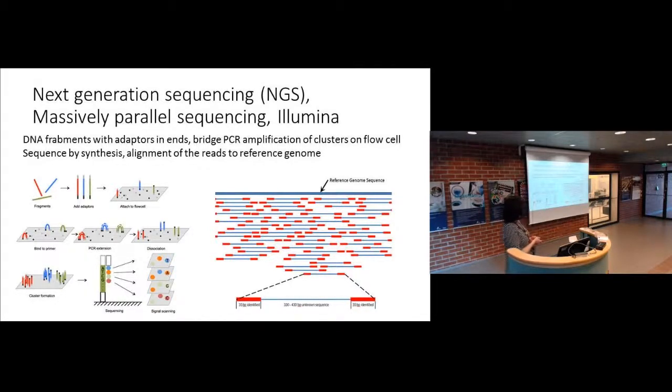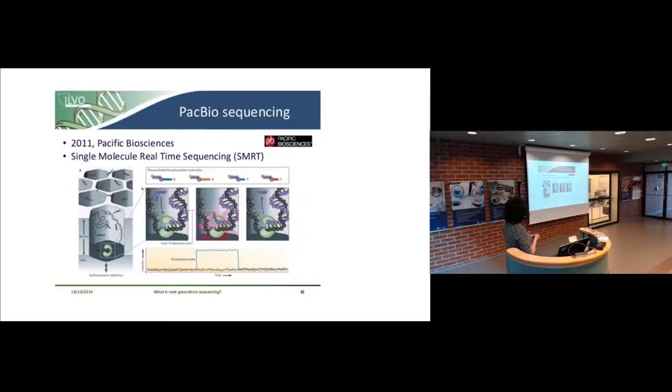So Illumina is quite standard at the moment, and in FIMM there are HiSeq and MiSeq models, and in our unit we have MiSeq and NextSeq sequencers, and Viikki campus also has Illumina machines.